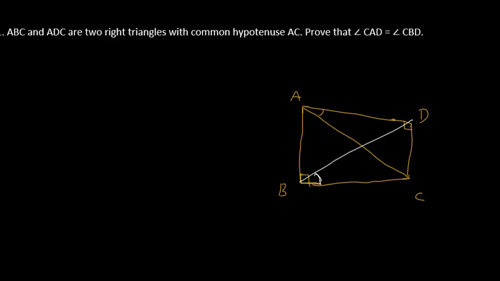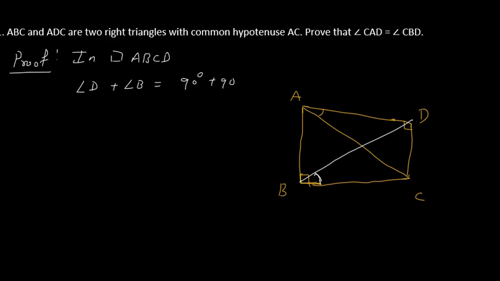Now, to prove this, I have to first prove that this is a cyclic quadrilateral. So here I am directly giving you the proof. So I will say that in quadrilateral ABCD, angle D plus angle B is equal to 90 degrees plus 90 degrees, which is 180 degrees.